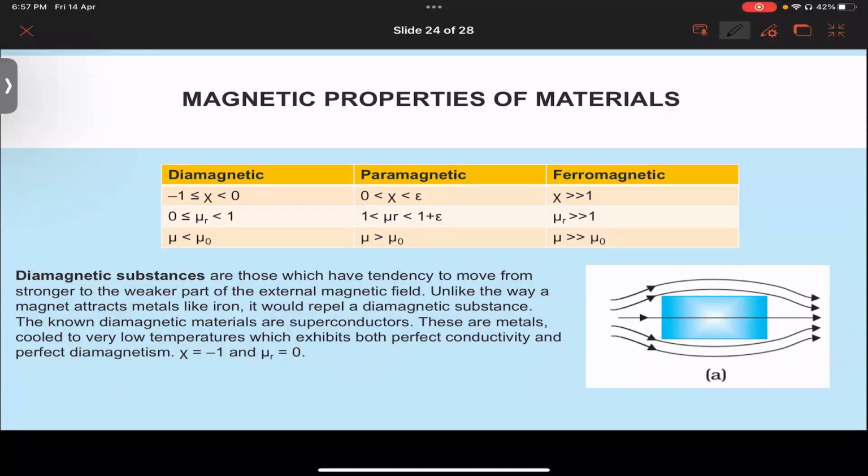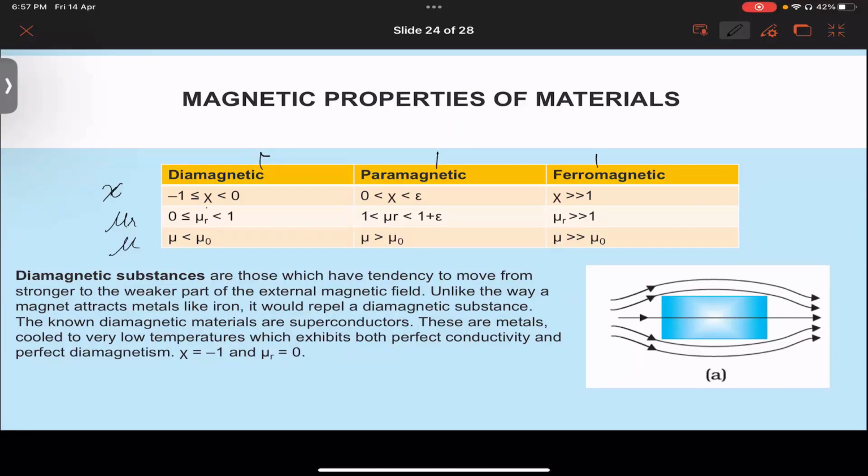In this table, we can see a correlation of the different terms that we use: chi, the magnetic susceptibility, mu r, the relative magnetic permeability, and mu, the magnetic permeability. You can see how the values range for the three different magnetic materials: diamagnetic, paramagnetic, and ferromagnetic.